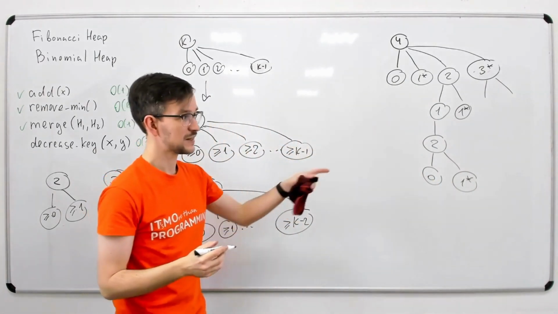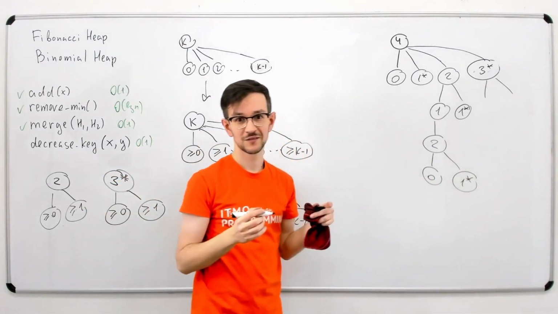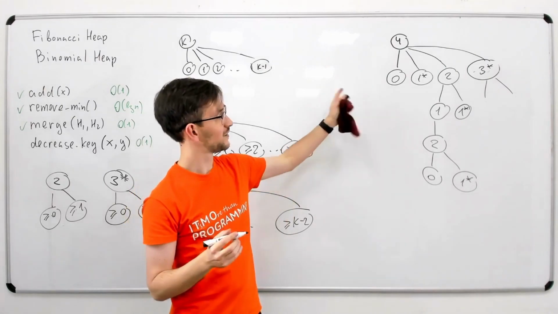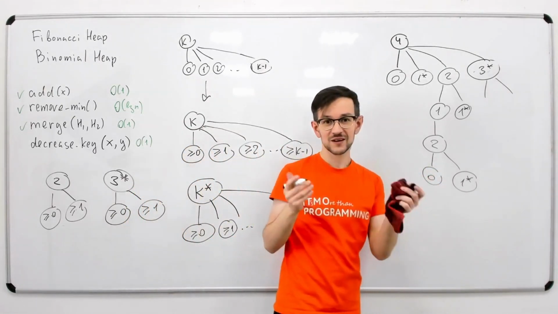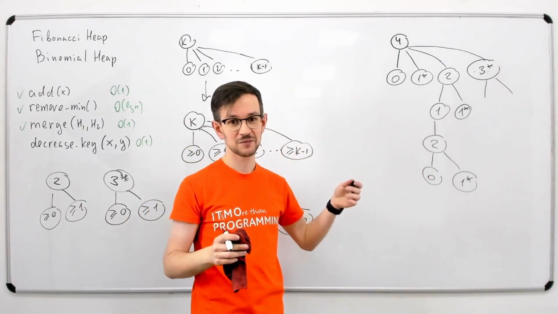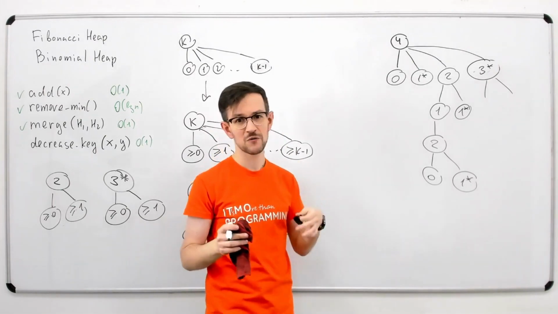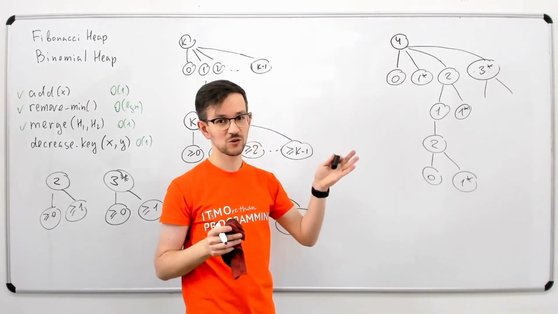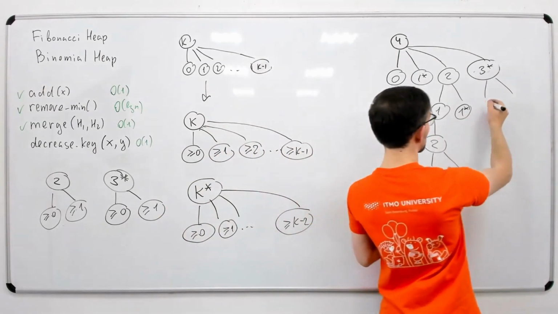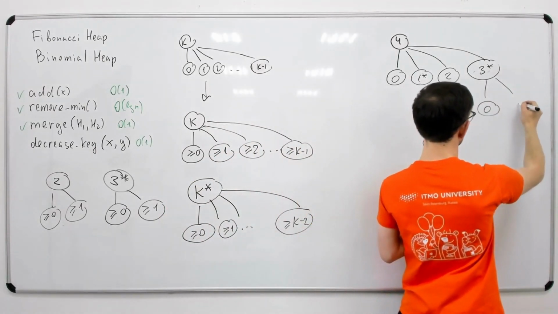Okay. That's a perfectly normal Fibonacci tree. It looks kind of more funny than standard binomial trees. Standard binomial trees are very boring. These trees look cool. So what we have here, you have 0, here you have 1.